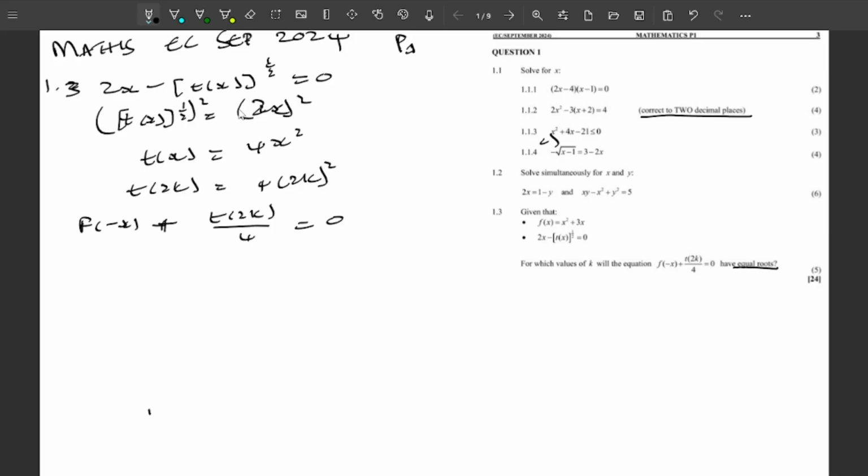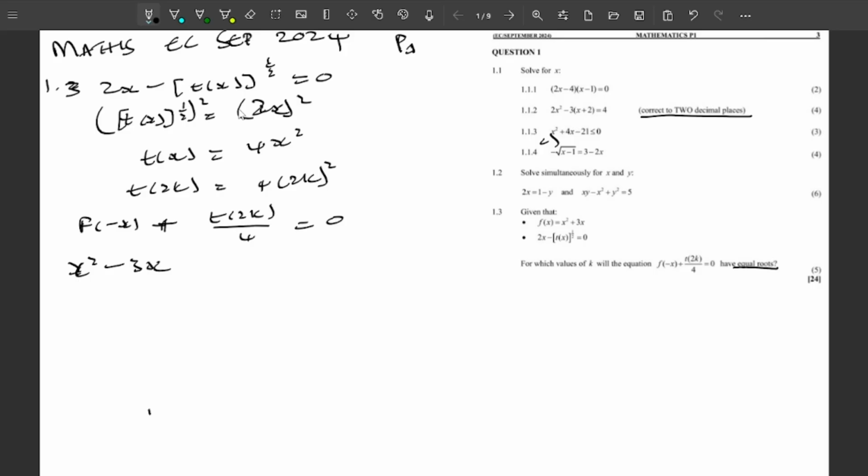So since f of x is x squared plus 3x, we're going to input the value of negative x. So negative x inside of x squared, it's just going to be what? It's just going to be x squared, since a negative multiplied by a negative is positive. And then we're going to substitute the negative x into the 3x, and it's just going to be negative 3x. So it's going to be x squared minus 3x.